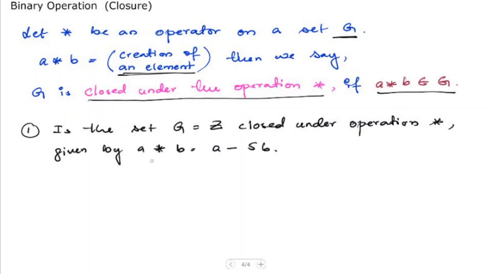So we're given the operation, and we have to see if the set G, which is a set of integers, is closed under this operation.